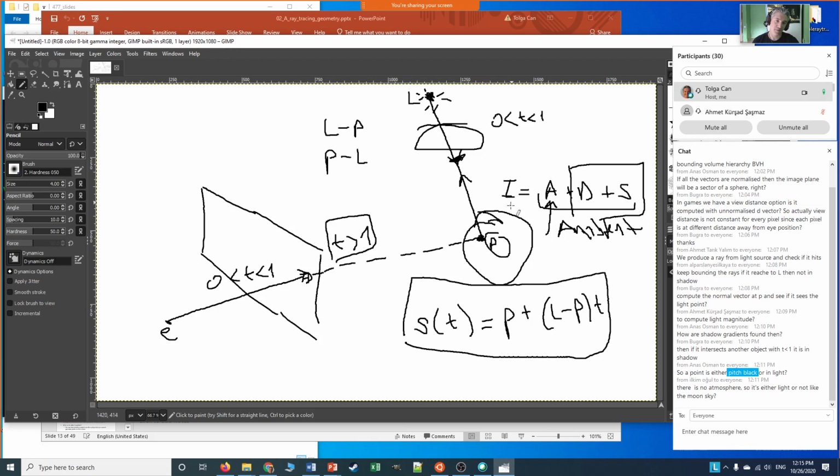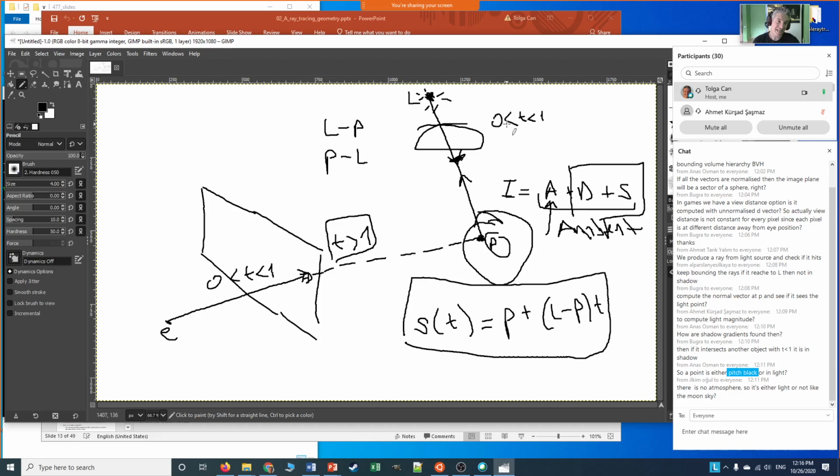Another thing is, for example, you should avoid intersecting the ray itself with the object itself. You need to be careful about that. Otherwise, if you have the object itself, the object intersects this ray at t equal to 0, so you cannot have equality.